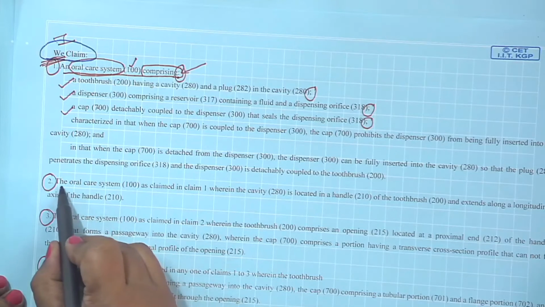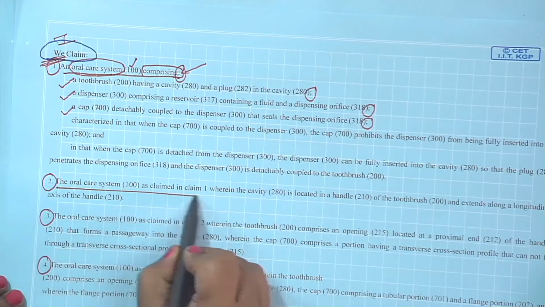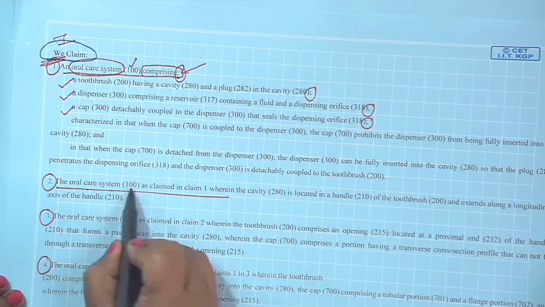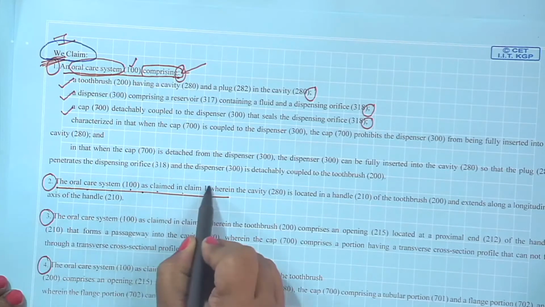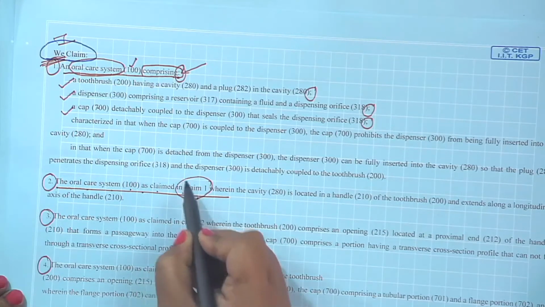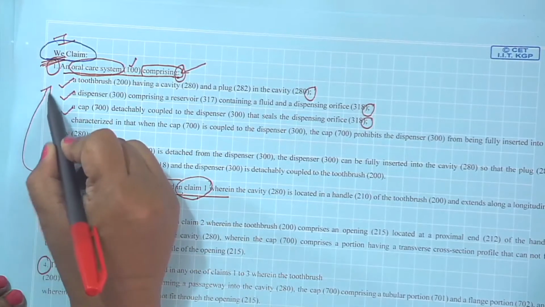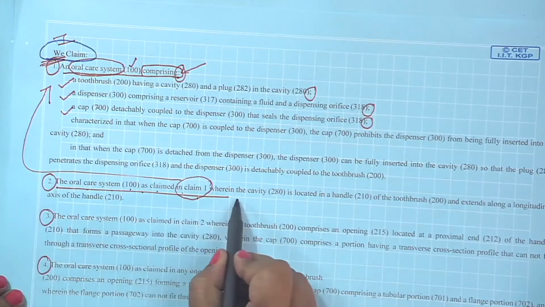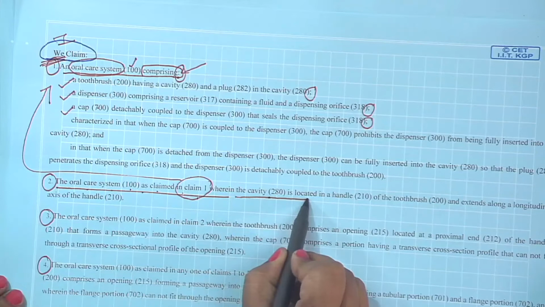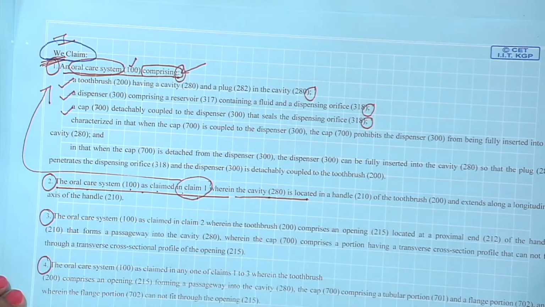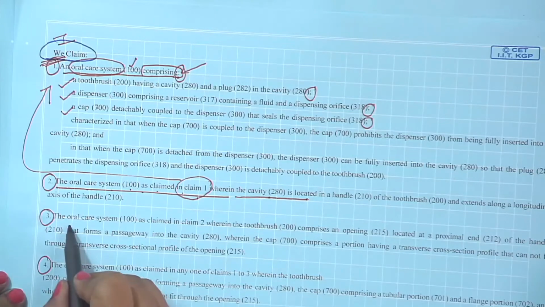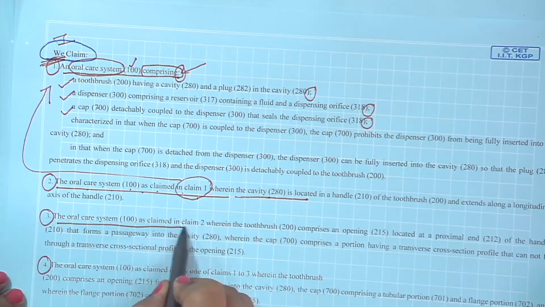Now we will read the second claim. What it says: the oral care system 100 as claimed in claim 1. So, the reference is made to the first claim, and then it states further things related to that particular thing in the object of the invention. Then again it says "as claimed in 2".